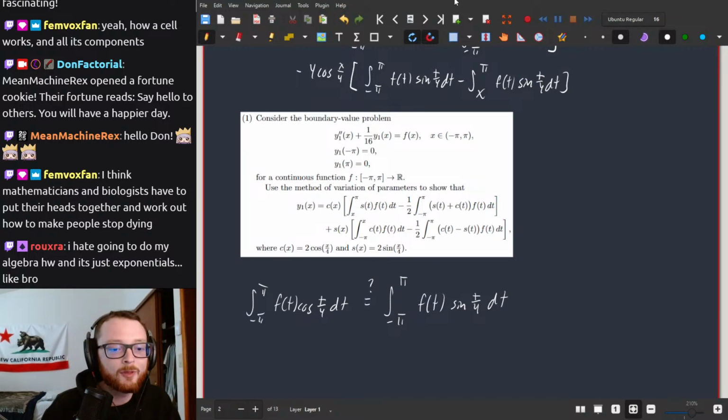Okay, with this, I'm thinking about even and odd functions, but f is a general function. It's just continuous is all we know about it. I'm a little bit annoyed that integration by parts doesn't help here.